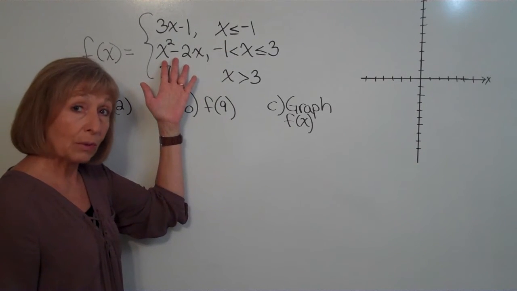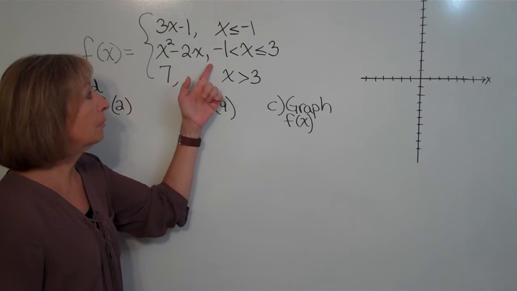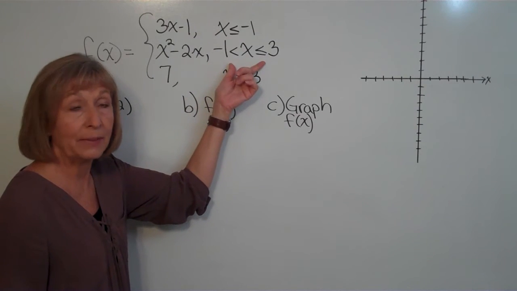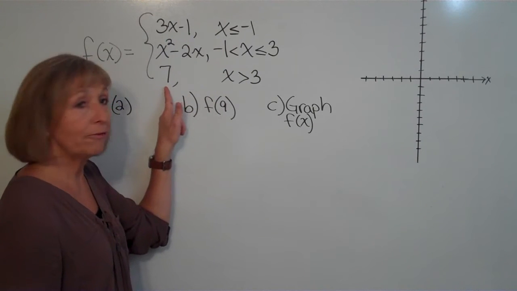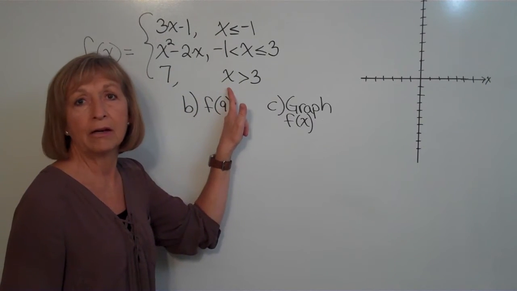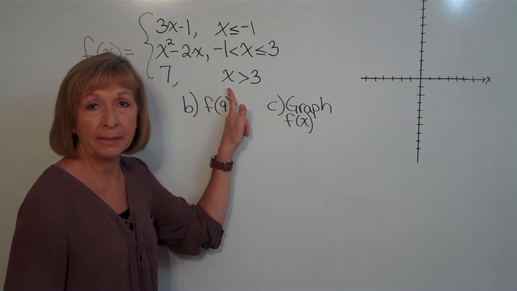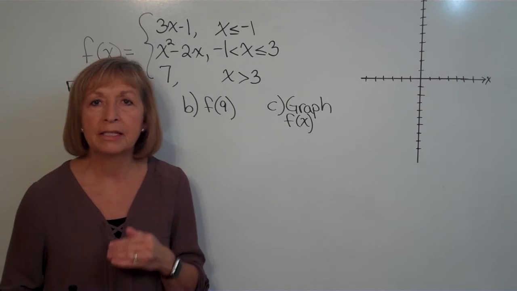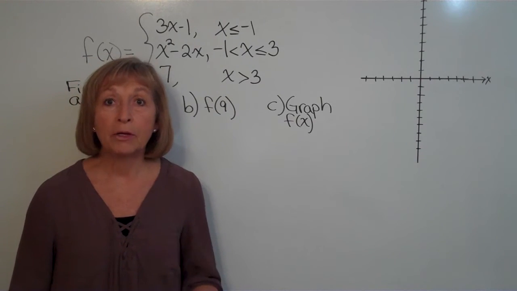It's equal to x squared minus 2x if you're plugging in the span of x's that are greater than negative 1 but less than or equal to 3. And the function output is equal to 7 when the x's that you're putting in are values that are greater than 3.